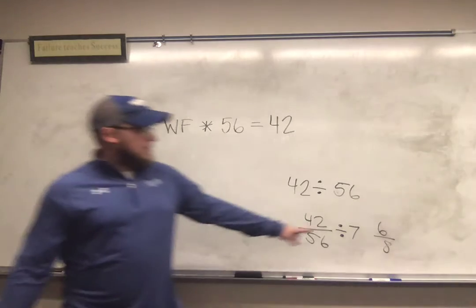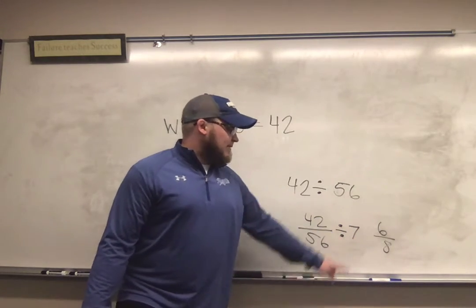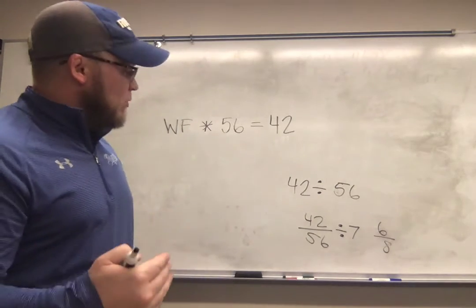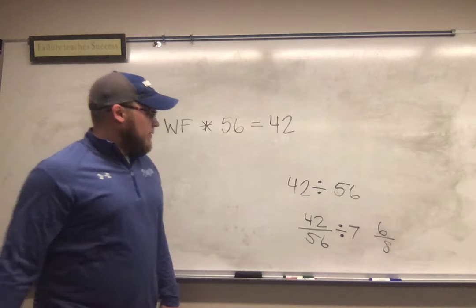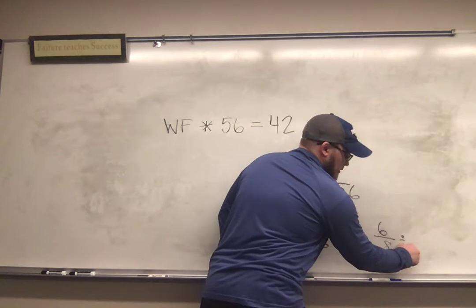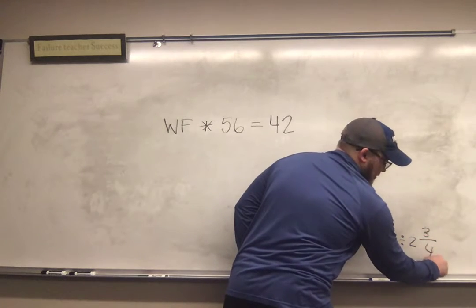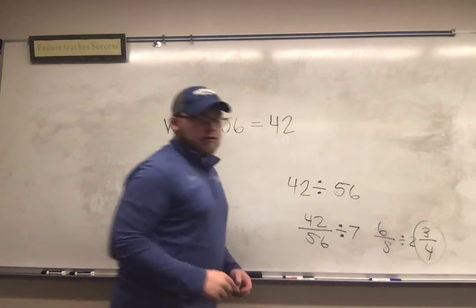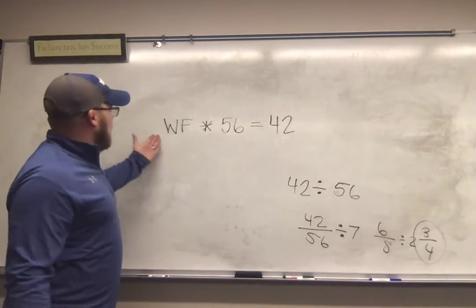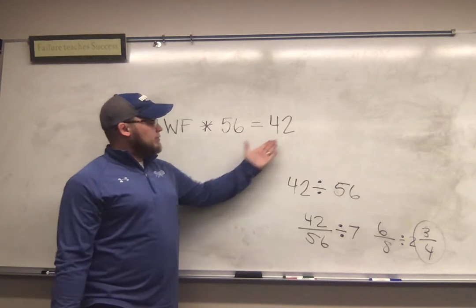As you can see, 6/8 can also be reduced. So what does that tell me? The number 7 was not the highest common multiple. Obviously there was a better one. So I can just cut these in half, divide each by 2, and I end up getting 3/4.